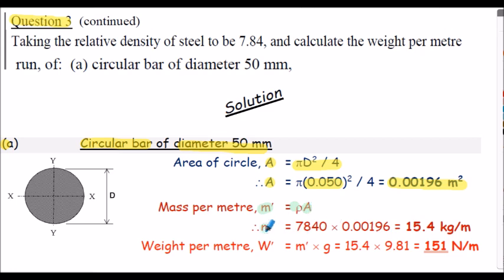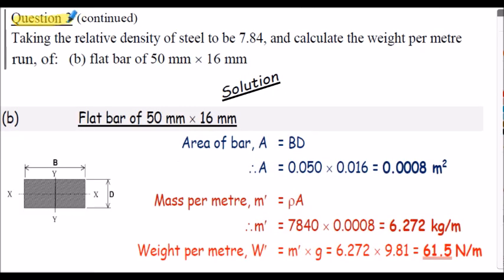So the mass per meter is the 7840 kilograms per meter cubed, that's the density of the steel, and I multiply by the area calculated above. That gives me the mass per meter in kilograms per meter. And to calculate the weight per meter, that's simply the mass per meter times the gravitational acceleration. So the mass per meter from above multiplied by 9.81 meters per second squared. So the weight per unit length is 151 newtons per meter.